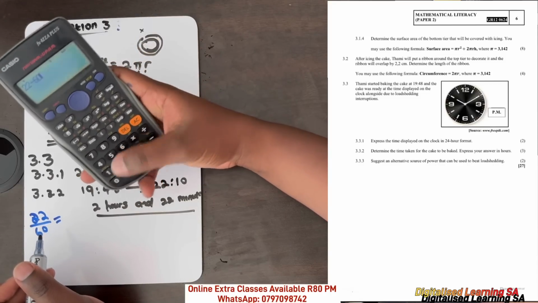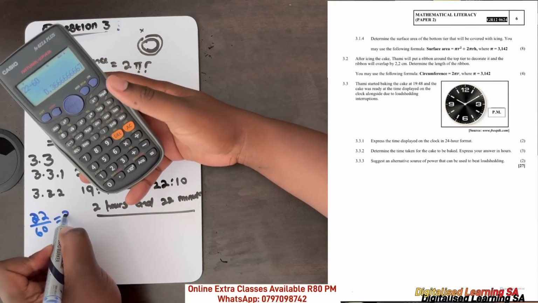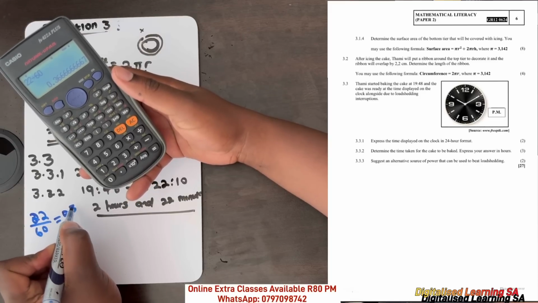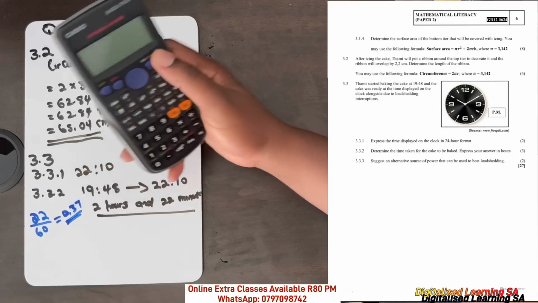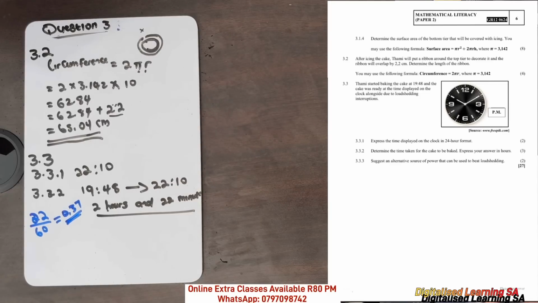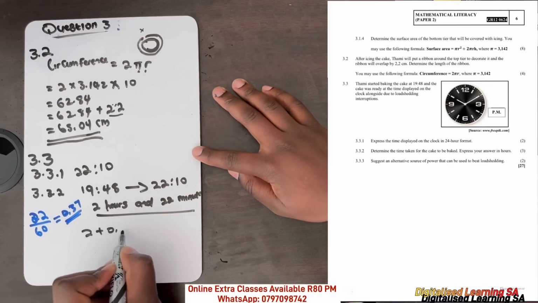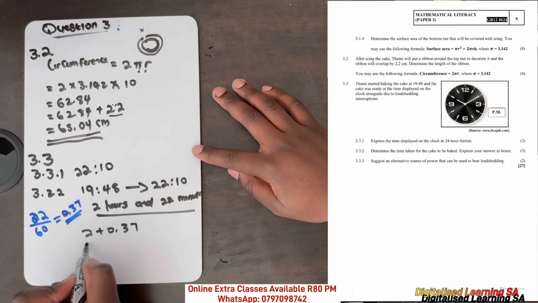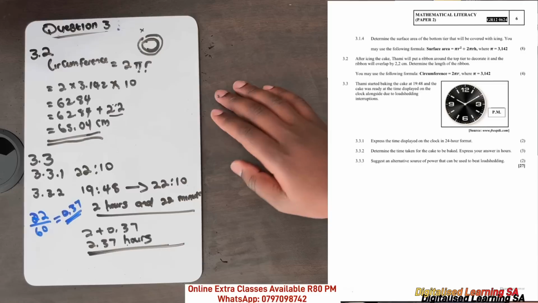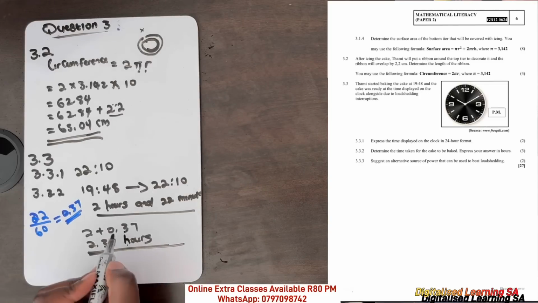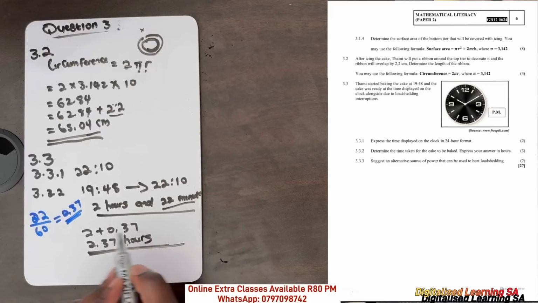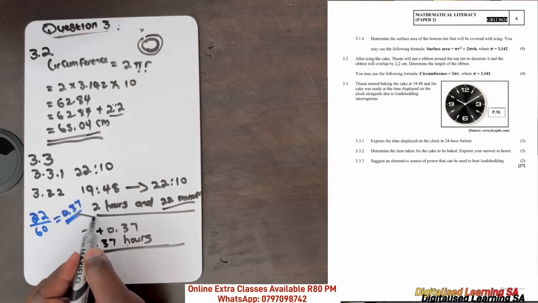If we divide, we will get something like 0.37. Now we add 2 plus 0.37, and our answer will be 2.37 hours. So now our answer is represented in hours. We added 0.37 because we converted 22 minutes into hours. So this is where it is coming from.